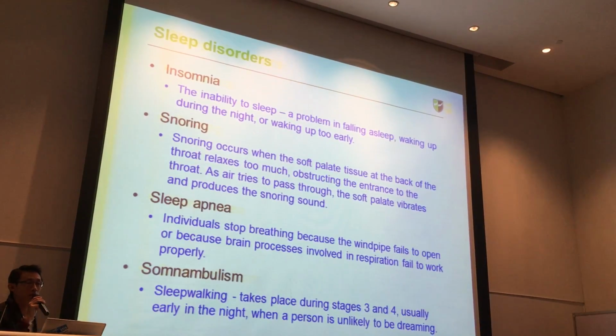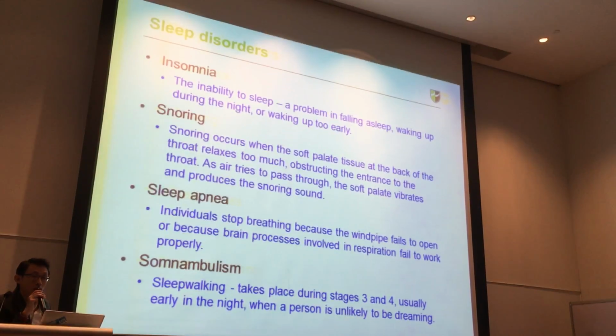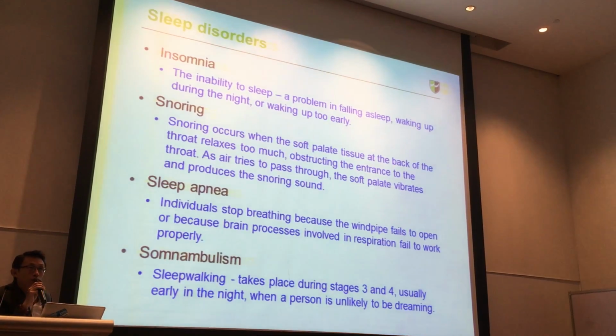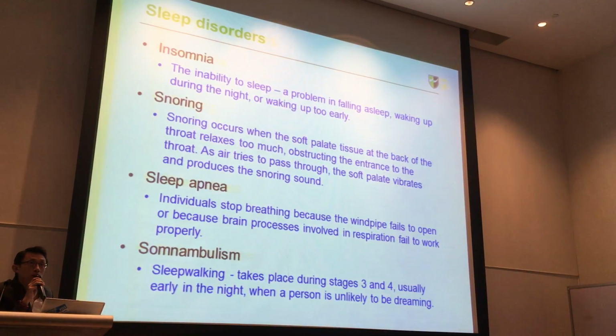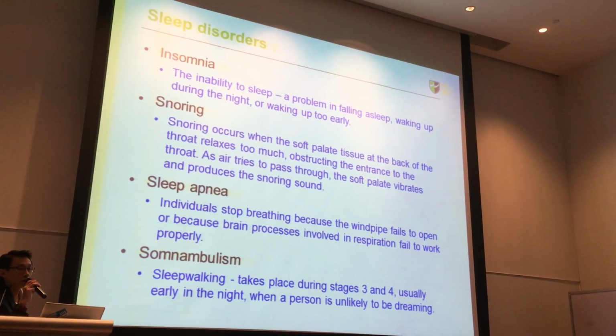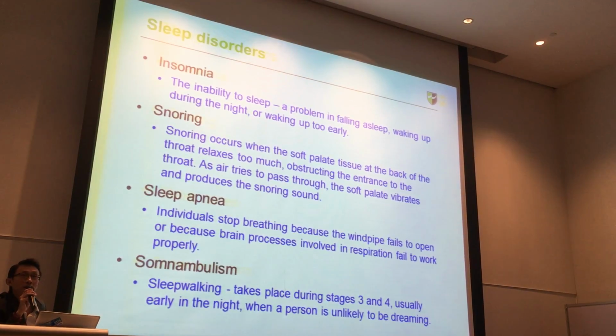Okay, sleep disorders. Okay, these are the 4 sleep disorders that are contained in your 6P. You have to know them. Okay, I know some of the teams that I work with always rely on Dr. Google for all the answers.